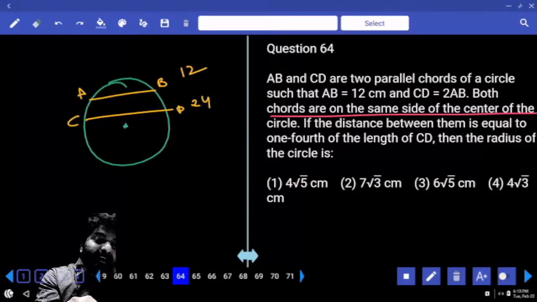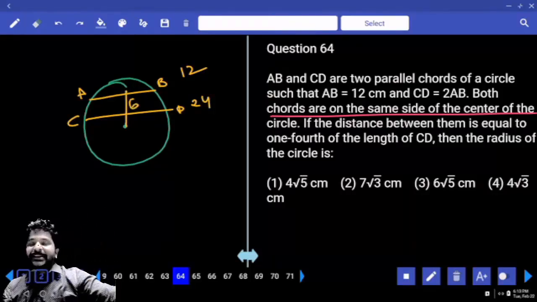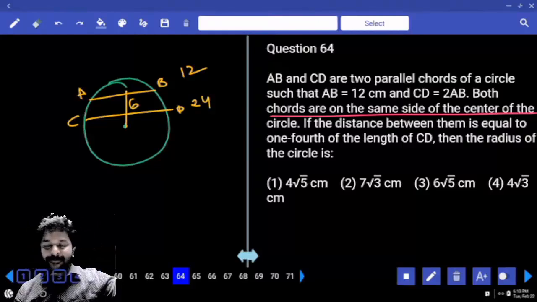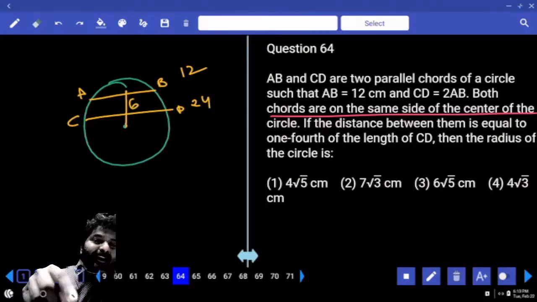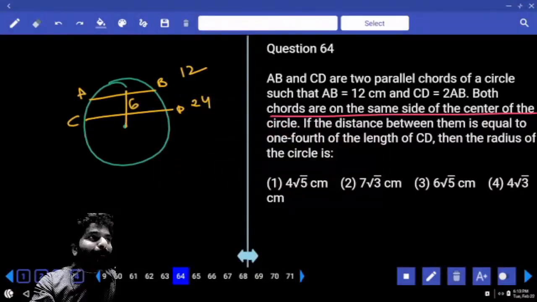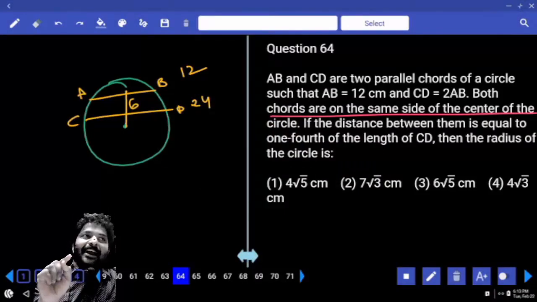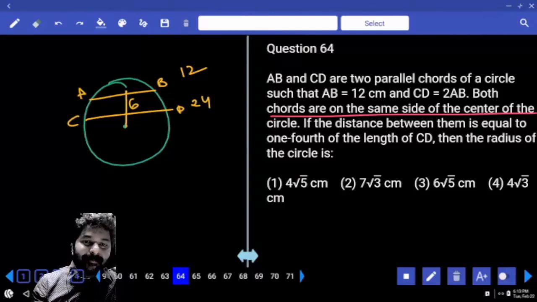Now I'll take this radius like this. Distance between AB and CD chords is equal to 6. Then radius of the circle is, okay. Radius of the circle, look at this. There is a gap, there is some distance between center and chord CD also. CD is not passing through the center, agreed?